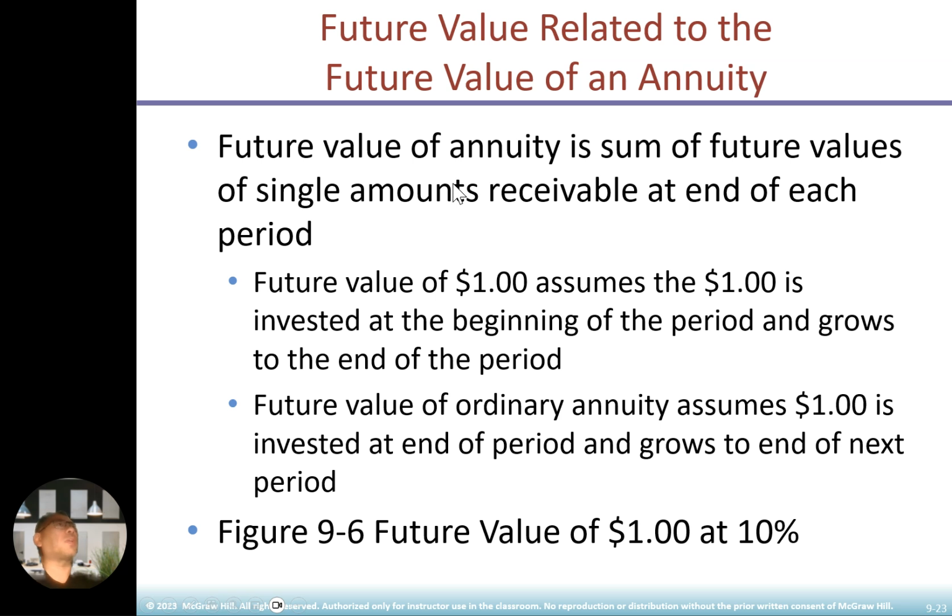Now, let's look at the future value related to the future value of annuity. The future value of annuity is the sum of the future value of a single amount receivable at the end of the period. For the future value of $1, assume that $1 invested at the beginning of the period grows to the end of the period. For the future value of annuity, assume $1 is invested at the end of each period. So the next future value is $1 times 10%.